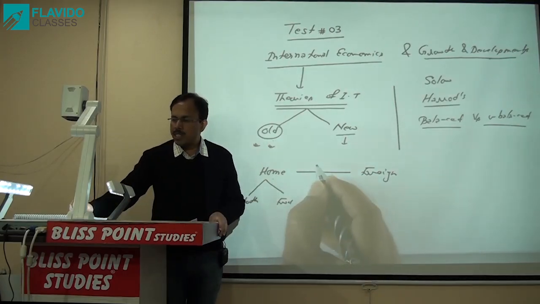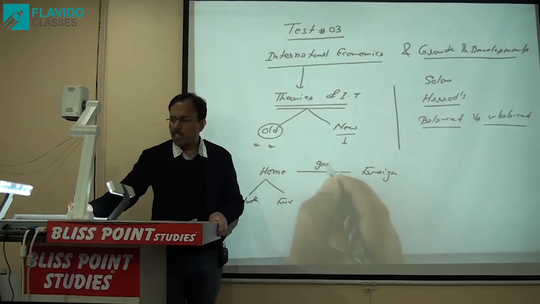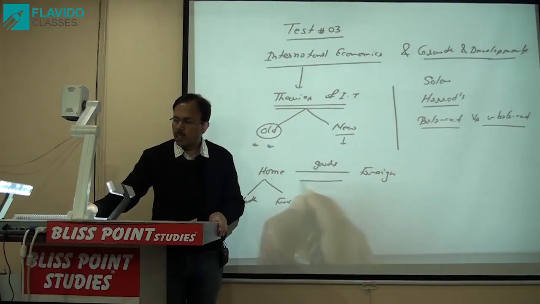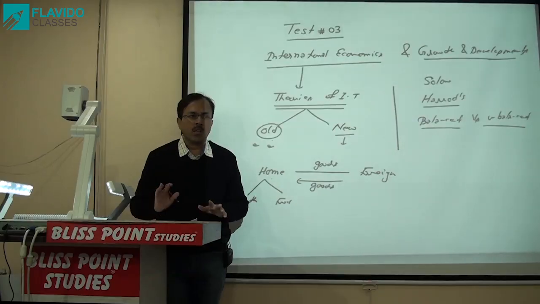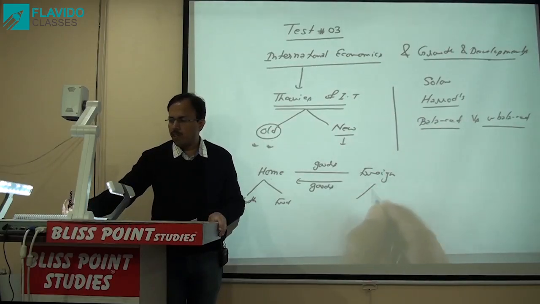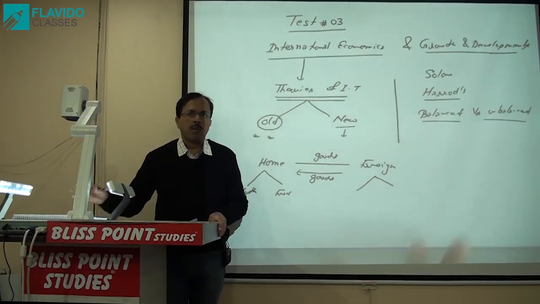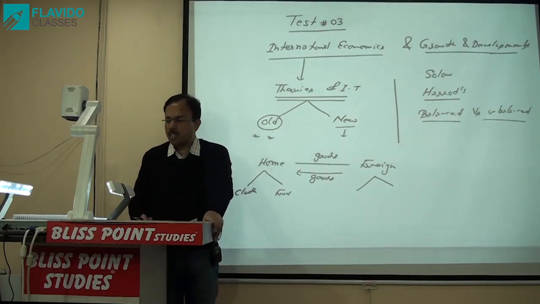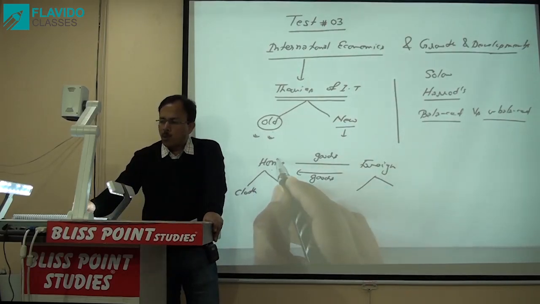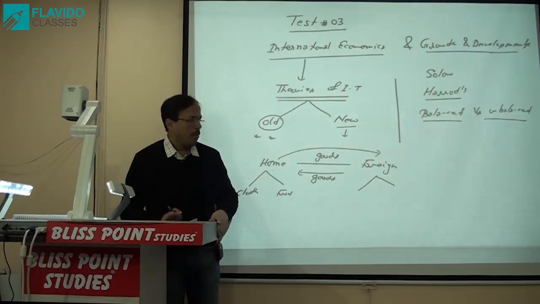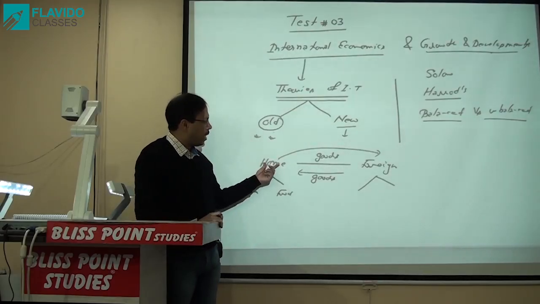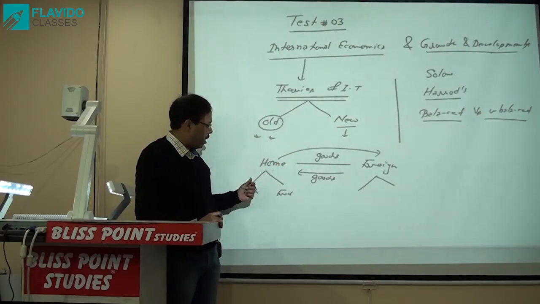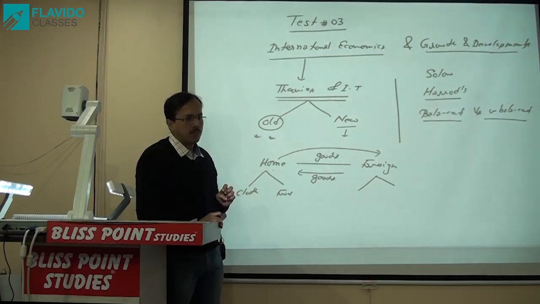So there is basically trade of goods. You are exporting goods, and in exchange you are importing goods. There is trade of goods, but no mobility of factors of production. But the outcome is the same. Suppose the home country is abundant in labor and cloth is labor intensive.